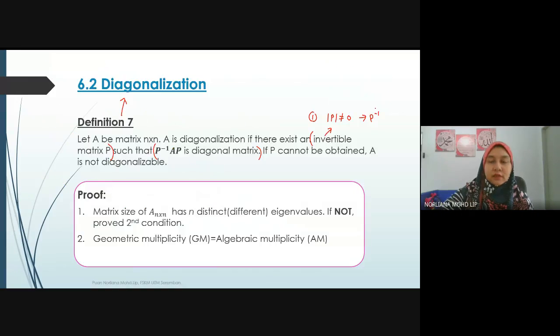Okay. So there's another proof for diagonalization.